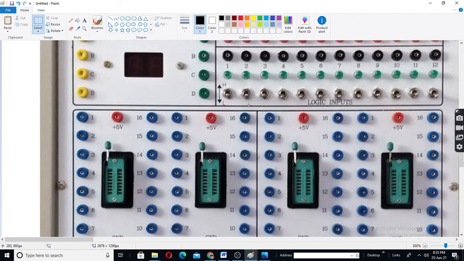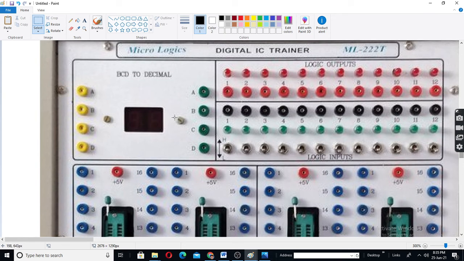Any two inputs should be connected to pins 1 and 2. 3 should be given to output, means 3 should be connected to any of the red slots. If you have given these two, then operate these switches.